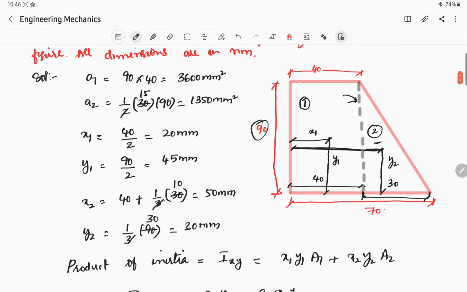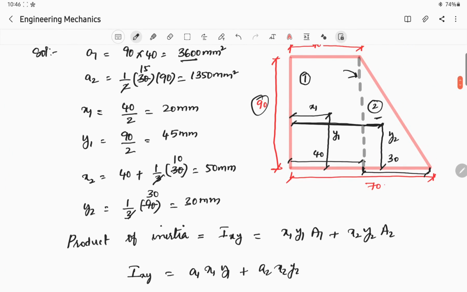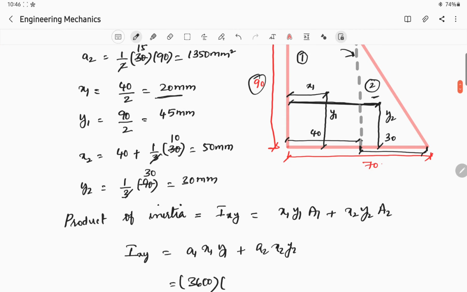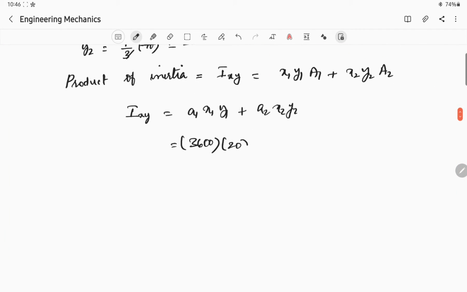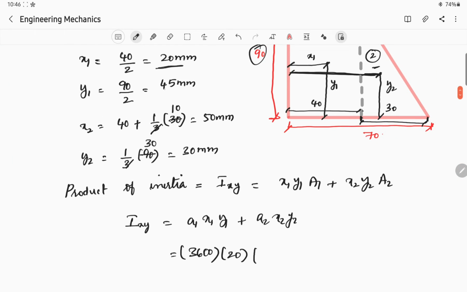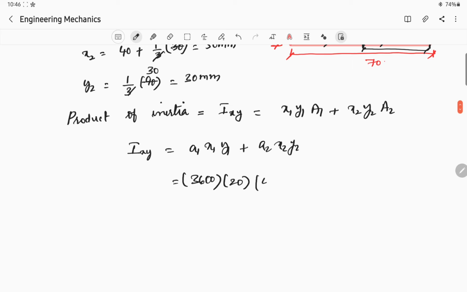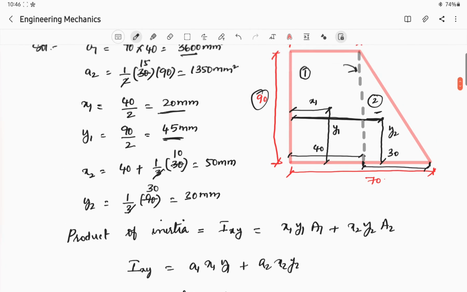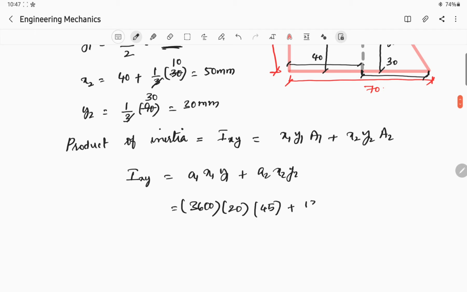So what is the value of a1 we got? The value of a1 we have is 3600. What is the value of x1 we have? See here, x1 is 20. What is the value of y1 we got? The value of y1 is 45 mm. So 3600 into 20 into 45, plus, what is the value of a2 we have? 1350, right? 1350 into x2.